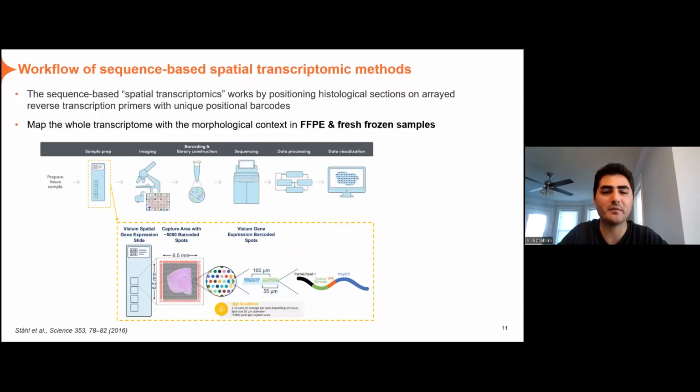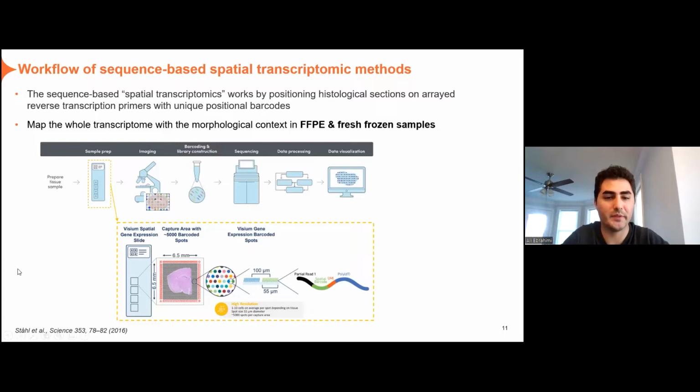The way that it works is an array-based method, where you have a slide. Each slide has four arrays, and each array is 6.5 millimeters, but within each array you have spots. Each spot is around 55 micrometers, and they contain a unique molecular identifier. These unique molecular identifiers are what you use to track down where a specific gene is being expressed.